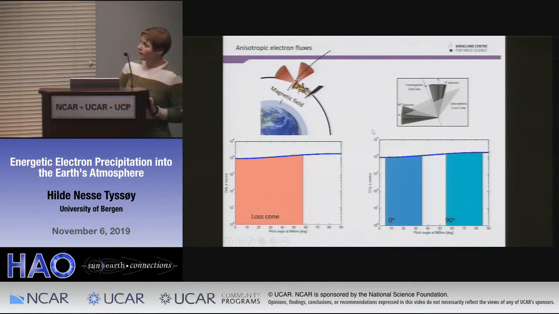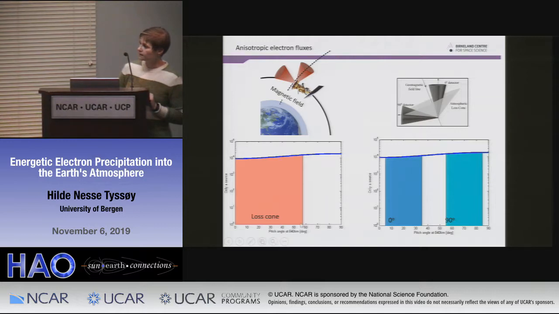One advantage with a polar orbiting satellite, POES is around 800 to 850 kilometers, and that means that the loss cone is fairly large, between 50 and 60 degrees, which enables a detector to see within it. So that makes the polar orbiting satellites valuable in that sense.